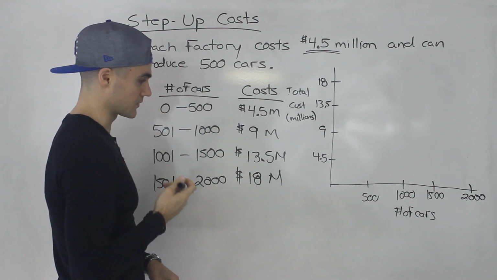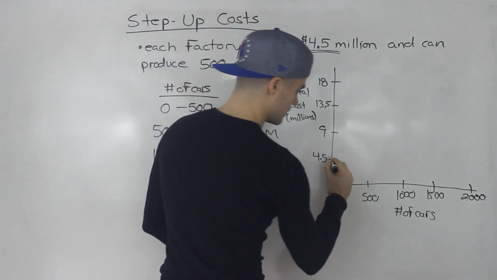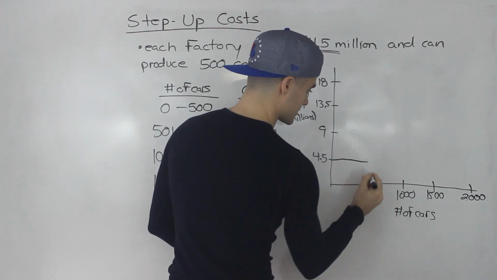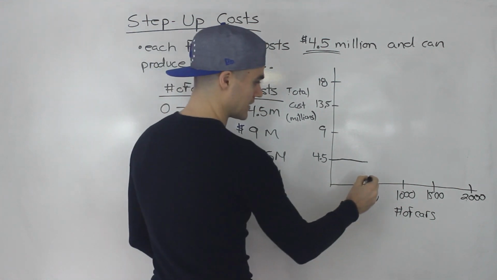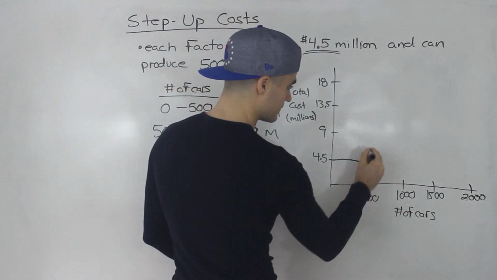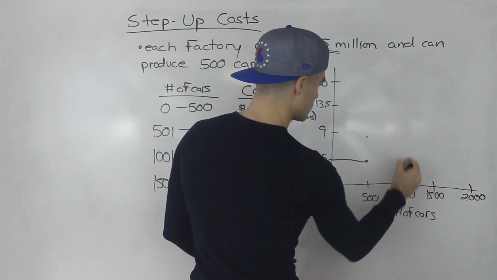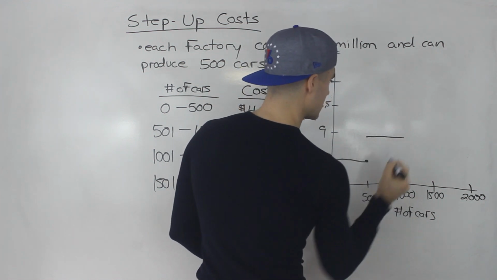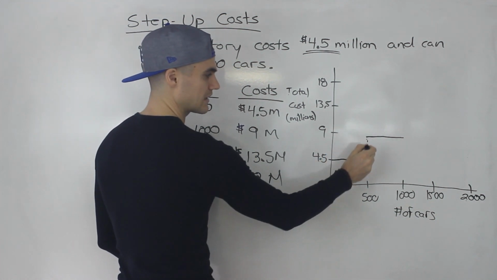So how is this going to look? Well, up until 500 cars, our fixed costs are 4.5 million. But then at the 501st car, let's say over here, up to 1000, our cost is going to be 9 million. Sometimes you may see a line here connecting these two.